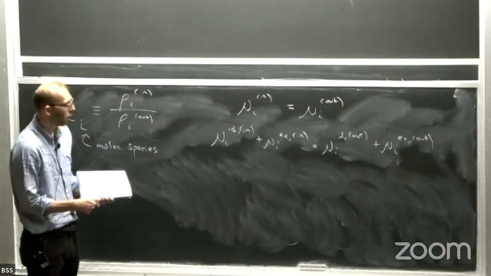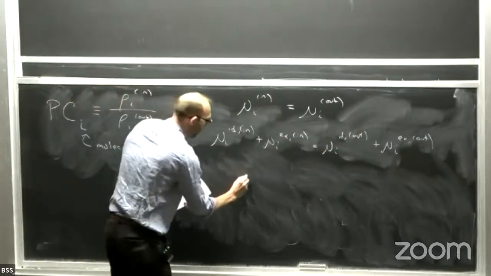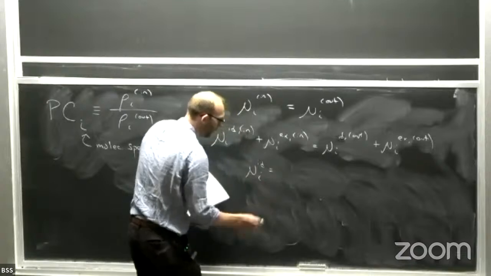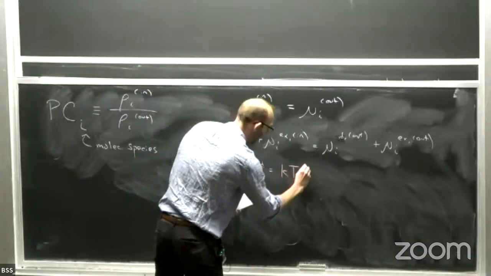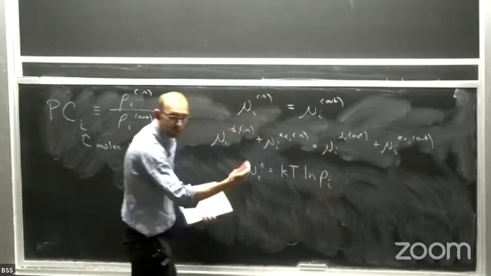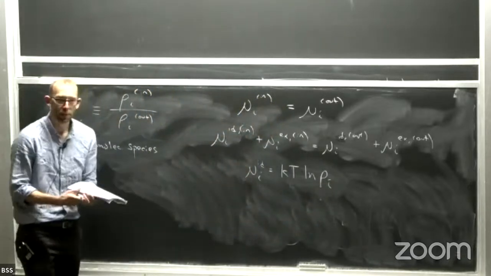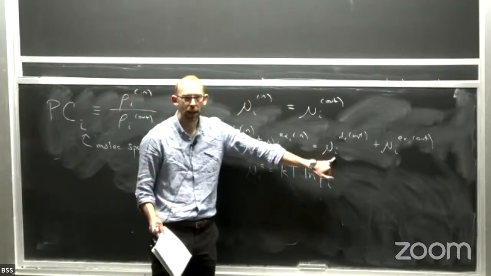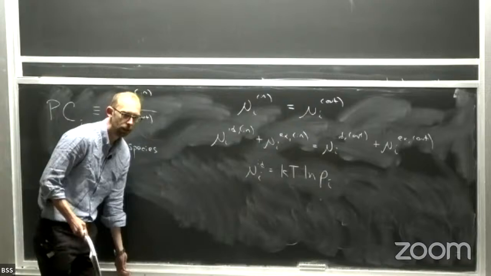But recall that mu ideal is just kT log rho i. And again, we can forget about the concentration independent term because whatever we have on this side is going to cancel what we have on this side.